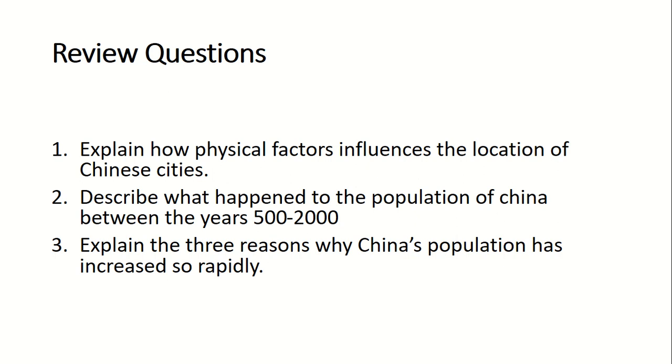Second one, describe what's happened to the population of China between the years 500 and 2000. Again, that is the graph we saw on the second or third slide of this video. And the last one, explain the 3 reasons why China's population has increased so rapidly. For that one, it simply asks you to explain those 3 factors we've just talked about.